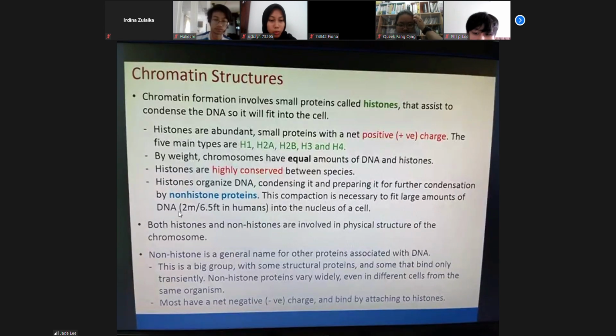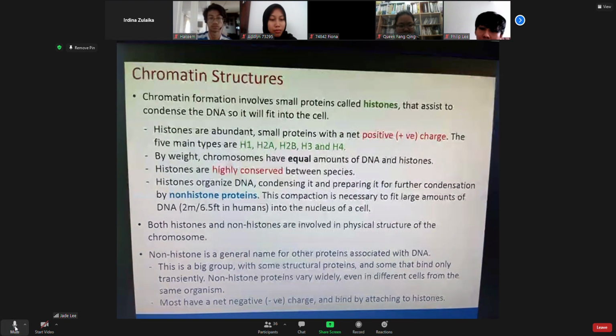Just imagine 2 meter, panjang tak the DNA? Macam mana dia boleh fit into kita punya nucleus tu? Can you imagine? So maksudnya dia mesti sangat padat.